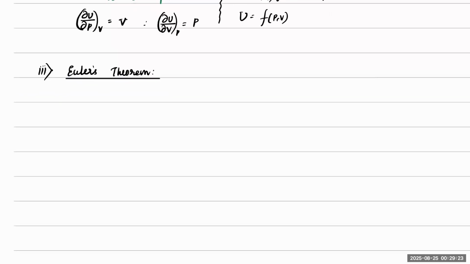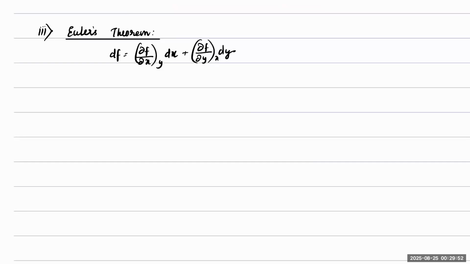As per Euler's theorem, we can write the differential function df as dou f by dou x at constant y into dx plus dou f by dou y at constant x into dy. This is what we can write as an exact function, right?